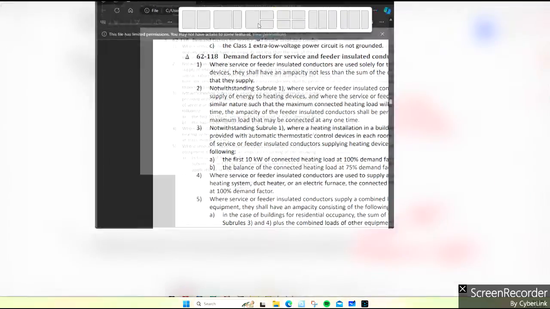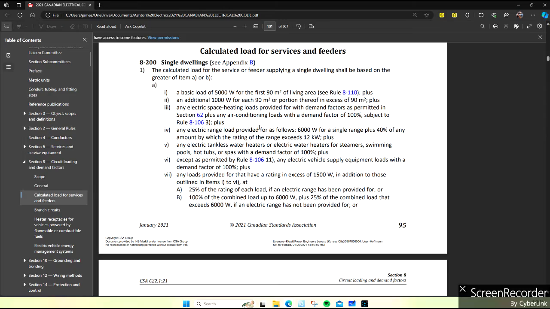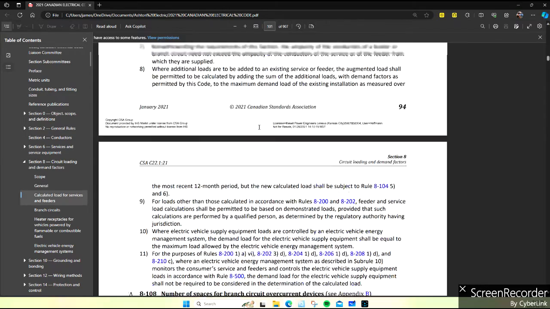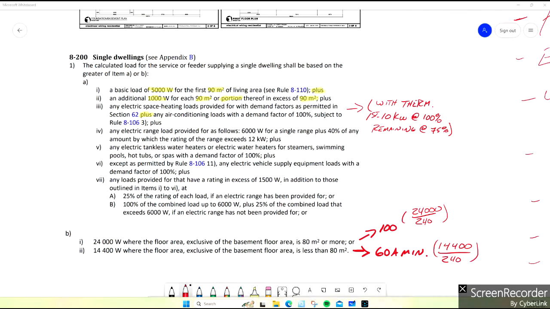So I'm going to bring my code book back over. We're going to go to section 8-106, sub rule 3. And that says, where interlocks are installed to prevent the simultaneous operation of electric space heating and air conditioning loads, whichever is the greater load shall be used in calculating the demand.